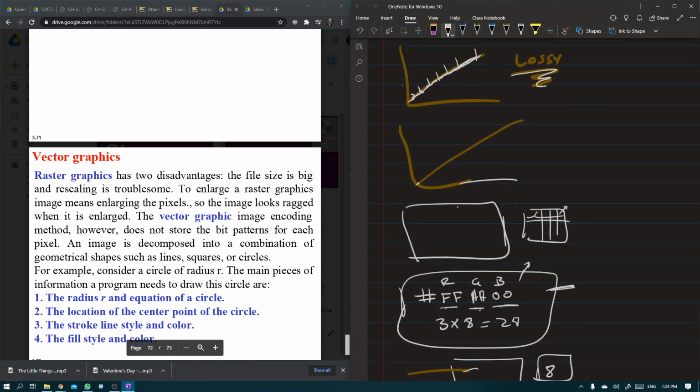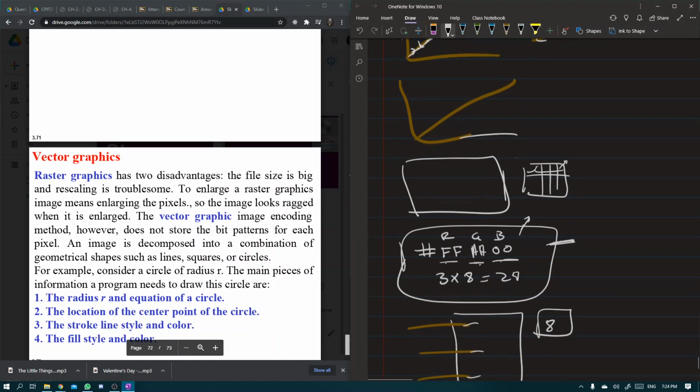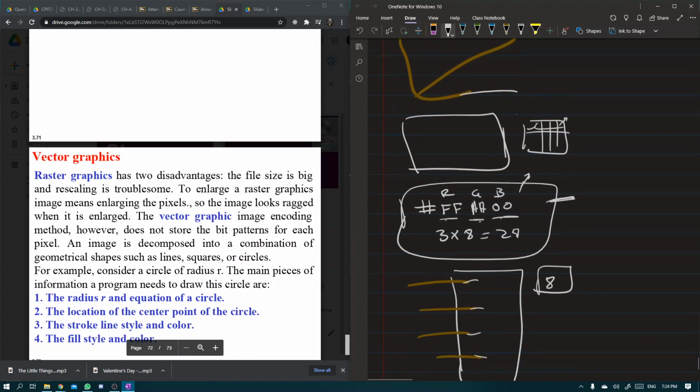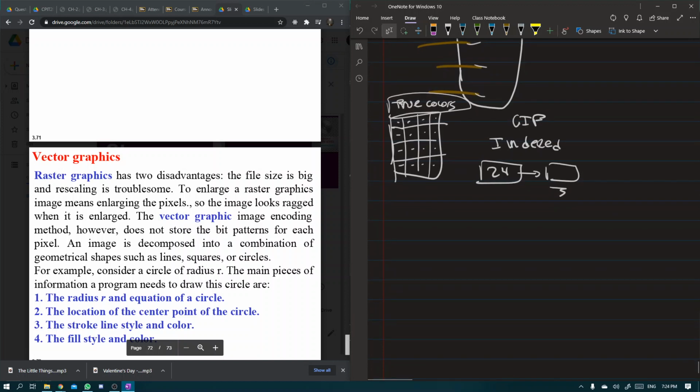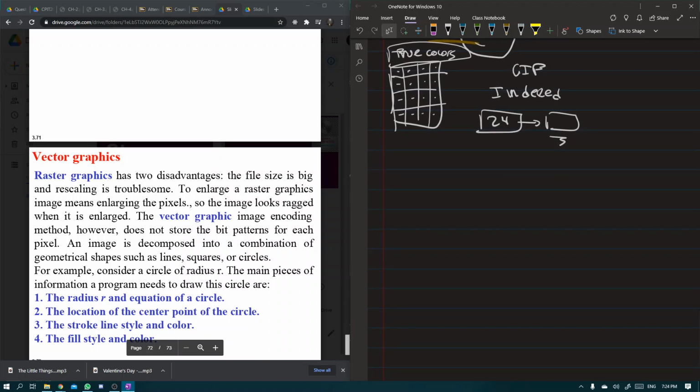Basically you're approximating. Instead of taking every pixel, you're just saying this is a line, this is how long the line is, and this is the color of the line. So of course that would take very little data to store, and that's what they call vector graphics.